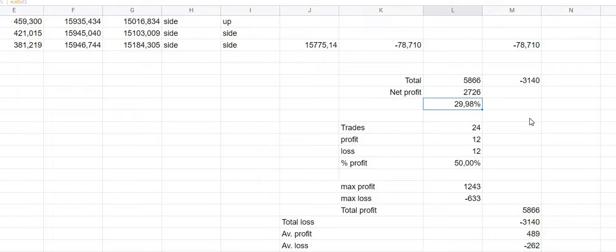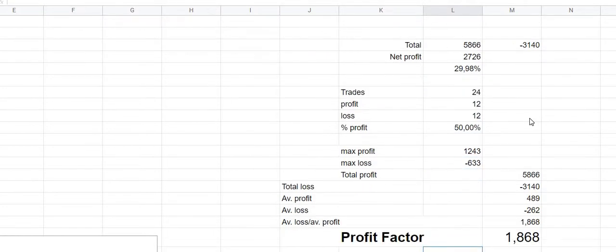So during this time we had 24 deals. 12 of them were finished with profit and 12 with loss. So the percentage of profitable deals is only 50%, but the maximum profit was approximately twice bigger than the maximum loss.